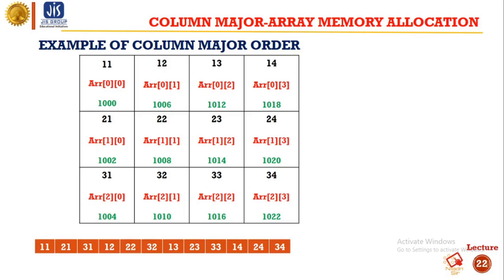So first 11, then 21, then 31. As you can see, it happens column wise. Next 12, 22, 32, 13, 23, 33, then 14, 24, 34. So all happens column wise.